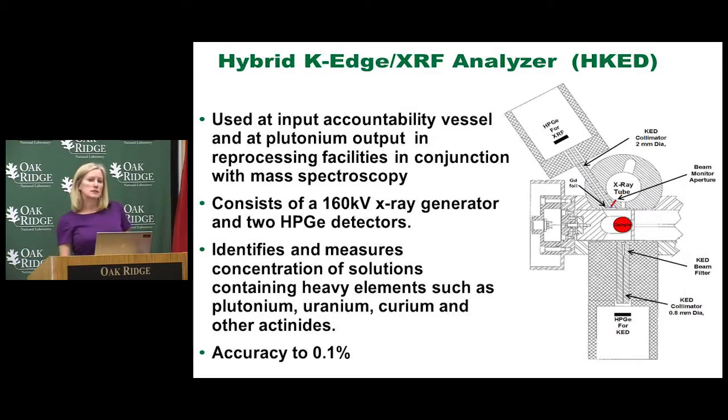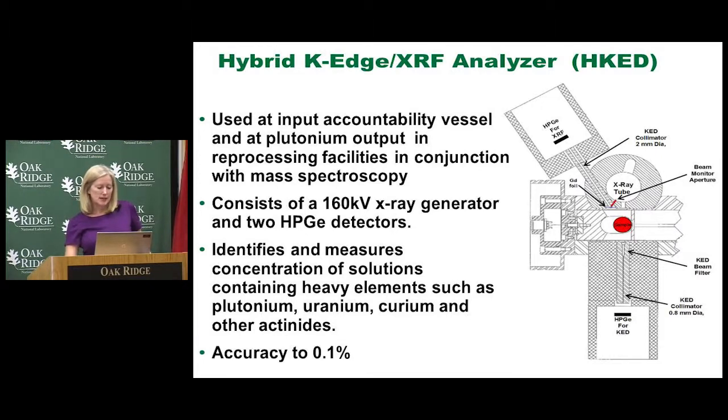So once the dissolved fuel is mixed and homogenized in the input accountability vessel, they will take several samples and use the hybrid K-edge to analyze those samples. They will use the hybrid K-edge for 100% of their samples, and then 10% of those samples will go on and be sent out for mass spectroscopy, which is a destructive analysis, and that's also very accurate.